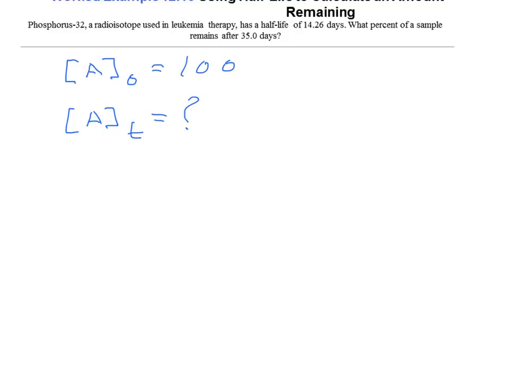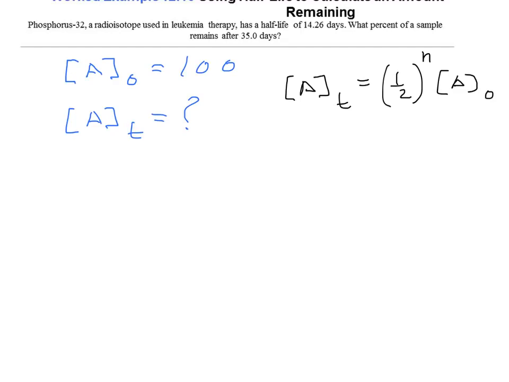They've only given us half-lives. So I want to use my formula where A sub t equals 1/2 to the n, to the number of half-lives, times A sub 0.